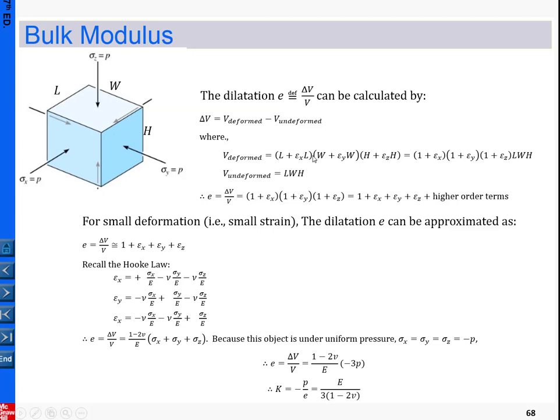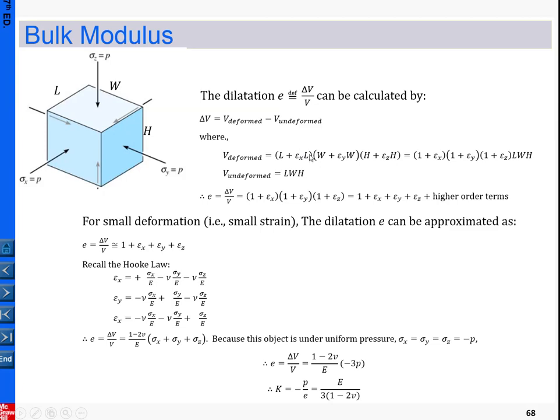So deformed volume can be estimated by this. We assume these objects have the length L, width W, and height H in X, Y, Z directions. Then under the deformation, we know there's a corresponding strain, so strain in X. This one basically is telling the deformation in X direction.